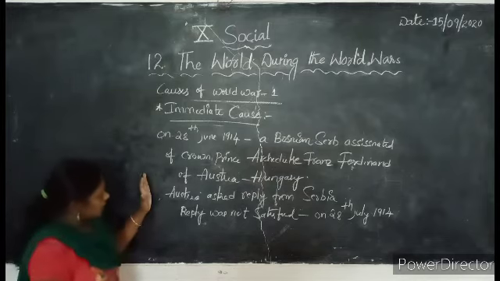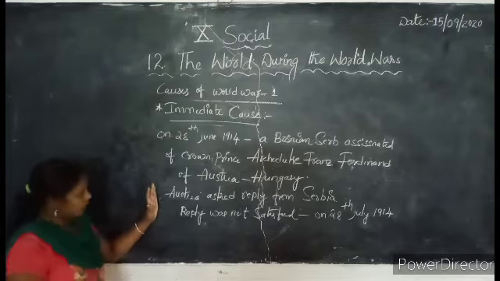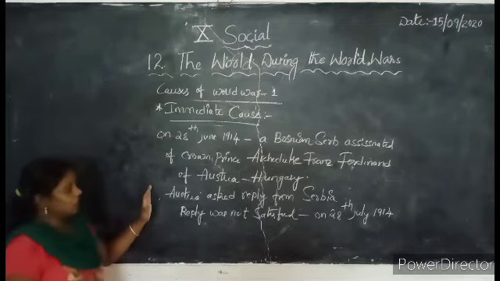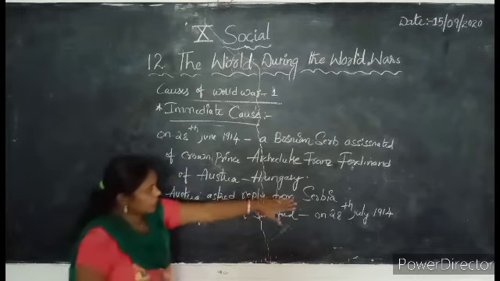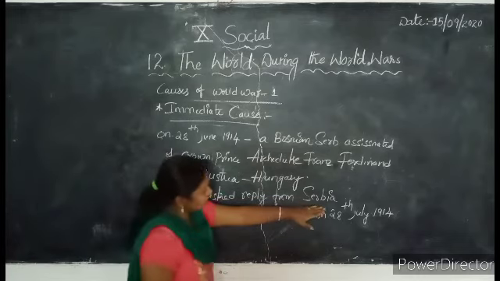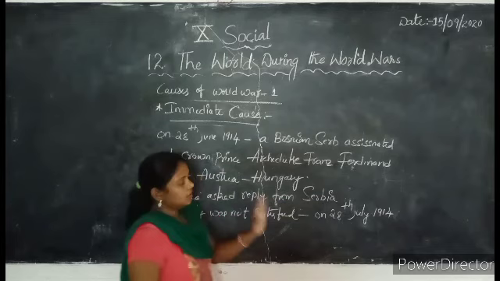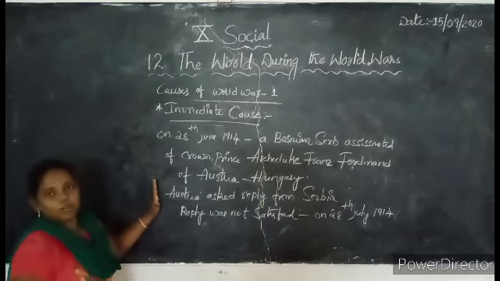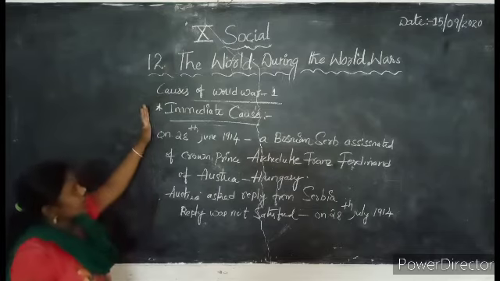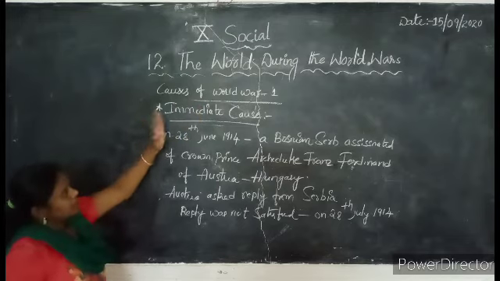So, the countries supporting Austria, what are we calling them? Central powers. The countries which supported Serbia, what are we calling them? Allied powers. So, now World War I was started. This is the immediate cause. What is the immediate cause?